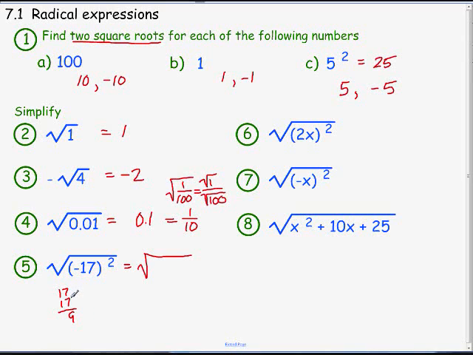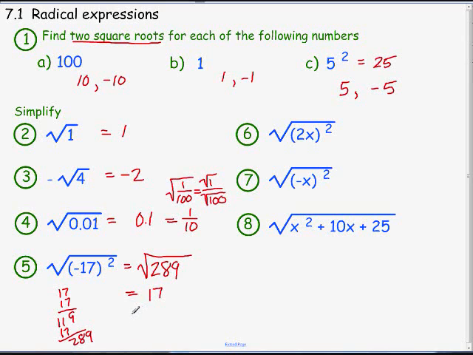That'd be 49, add 4, I get 11 and 17. So I end up with 289. So this is the positive or principal square root of 289, which is, since this is a perfect square, a positive 17.